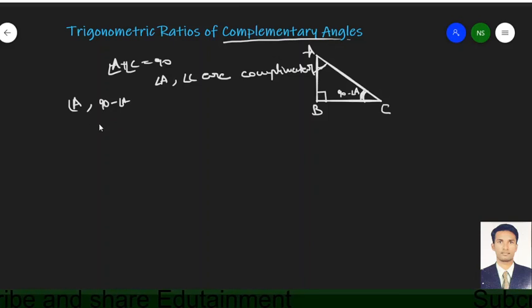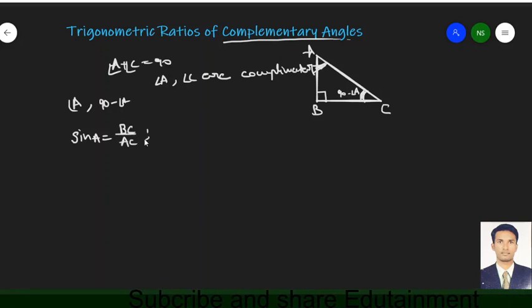Now we will fix angle A at vertex A and write the ratios. Sin A is the side opposite to angle A divided by hypotenuse, so we get BC by AC.